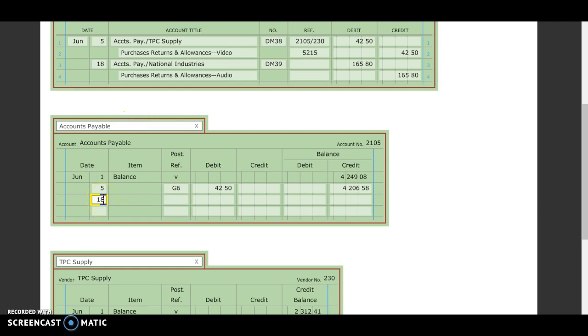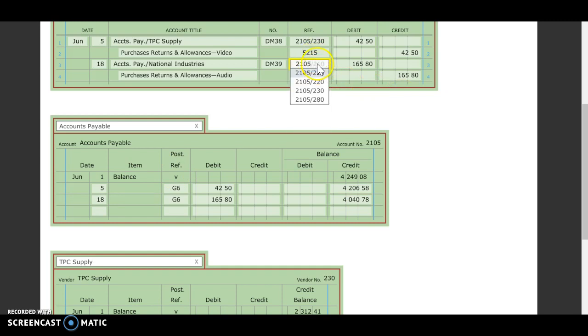Okay, next one, we're going back to our accounts payable. The 18th, General Journal, page 6, debit of $165.80. Again, you will not get the same balance as me. So make sure that you figure out the correct balance.